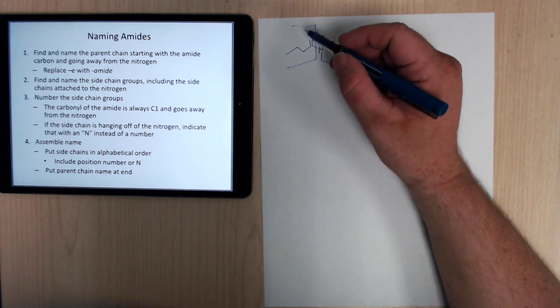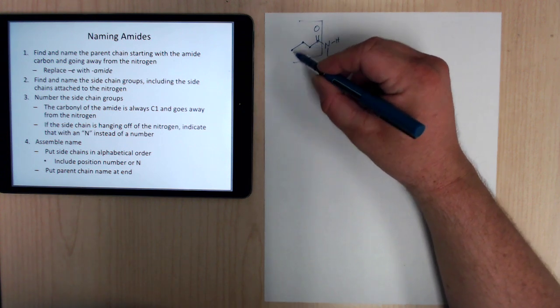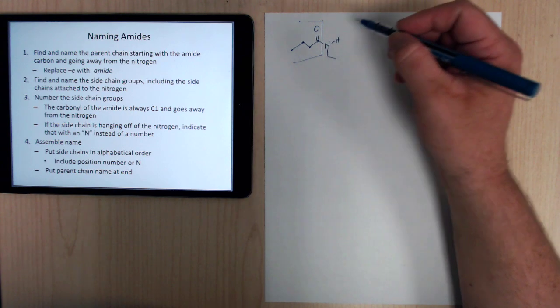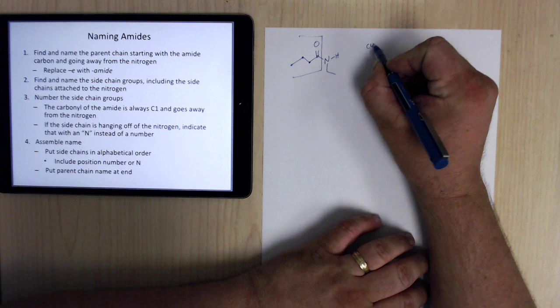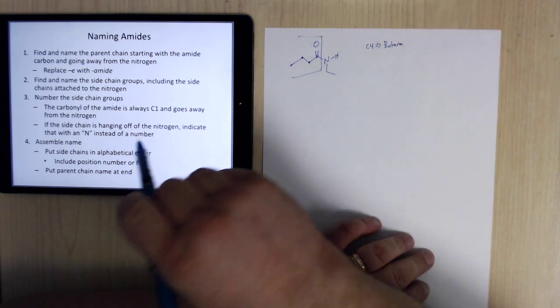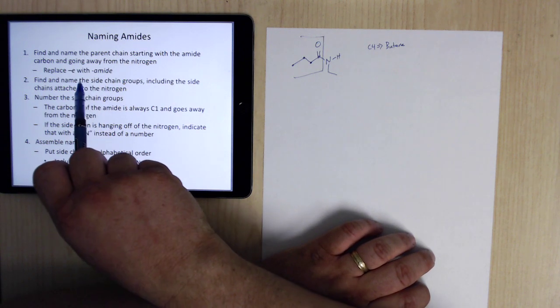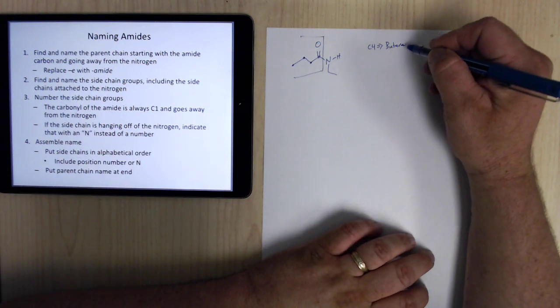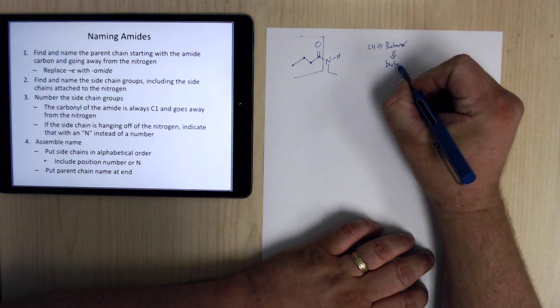In this case you would have four carbons. So the main chain is C4, which would normally be butane. But to indicate that it's an amide, you replace the E and add in amide, so it becomes butanamide.